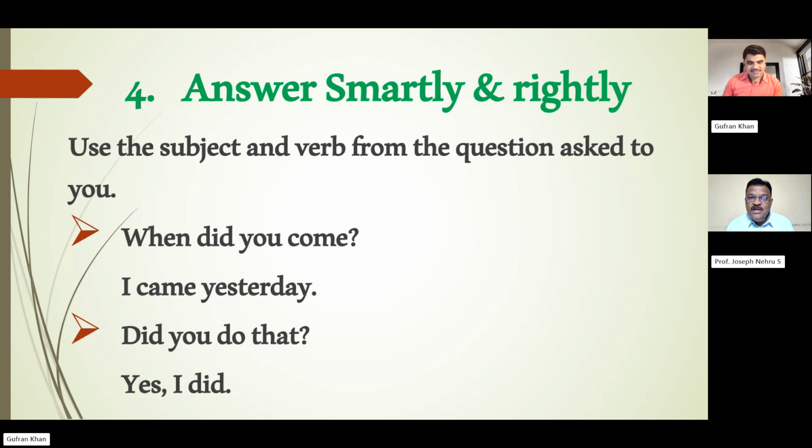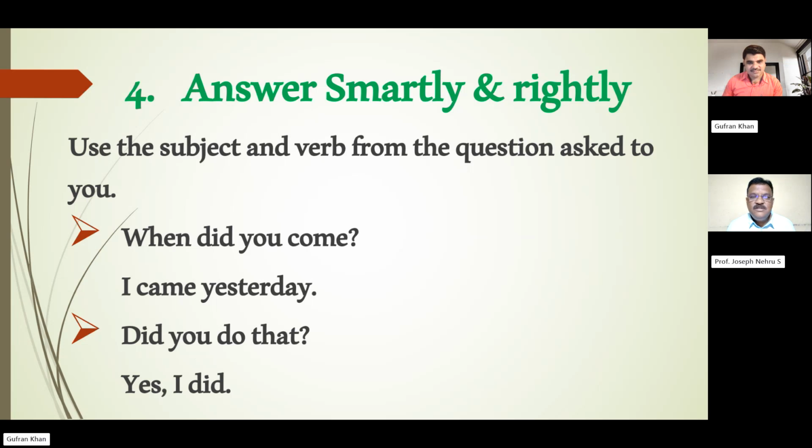So that's how, after you pick up the subject and the verb from the question which is asked to you, you should reply rightly by using the same subject and verb, slightly changing only the pronoun. You should slightly change the pronoun according to the subject you picked from the question, and put the verb according to the time in which it is done.